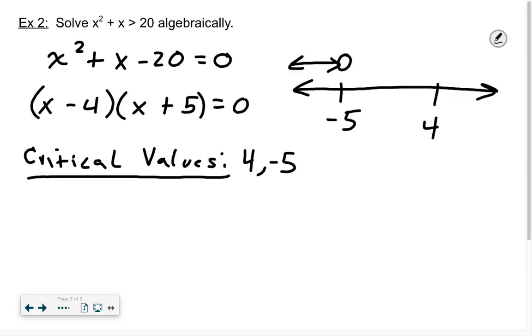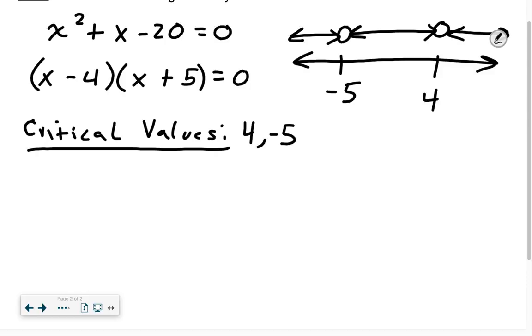The next interval are all the values that happen to be between -5 and 4. And lastly, we could be looking at all the x values that are greater than 4. 3 intervals that we've created here. Again, all going back to those what used to be solutions but are now considered to be critical values.